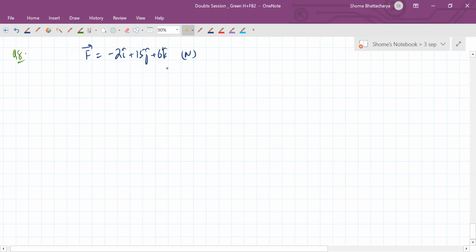In newtons, the force is given to us like this. And the body moves a distance of 10 meters along the y-axis. So the displacement will become 10 j cap in meters.